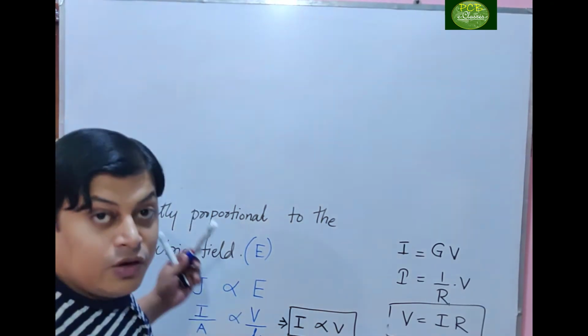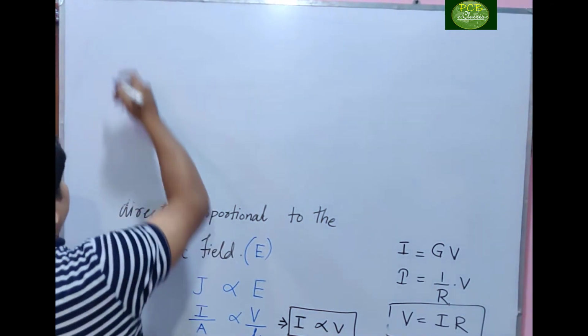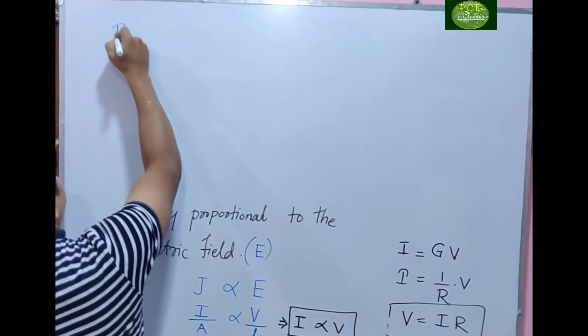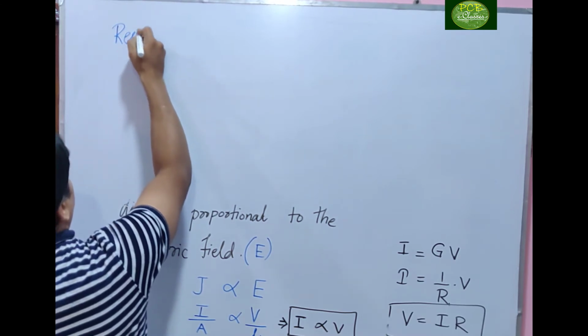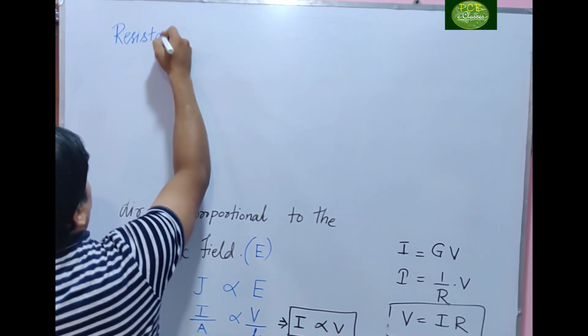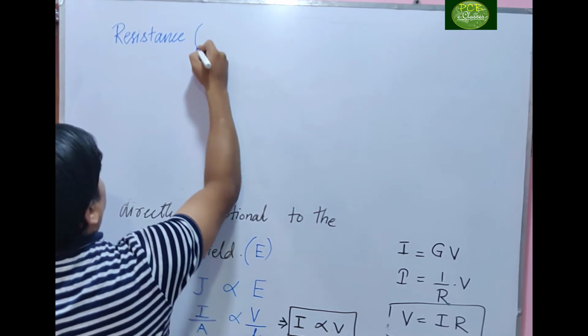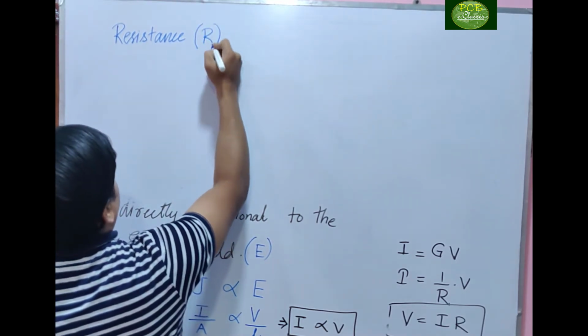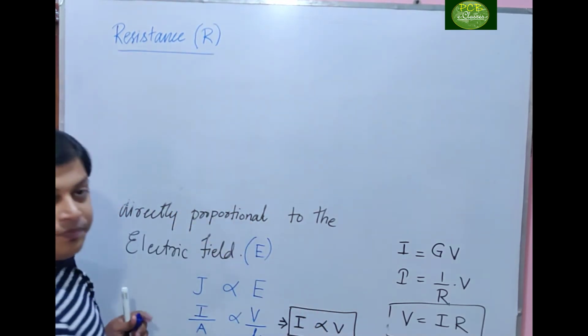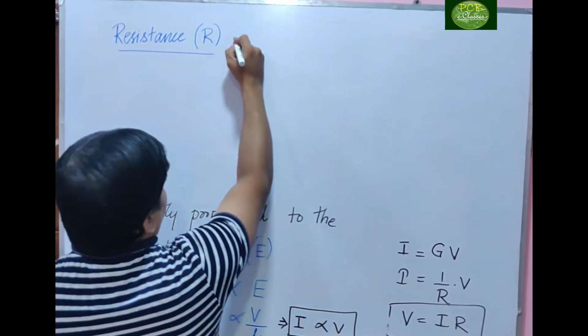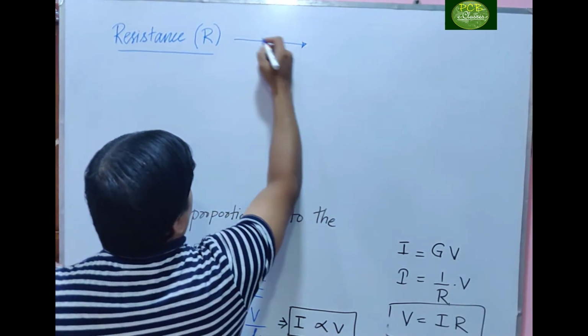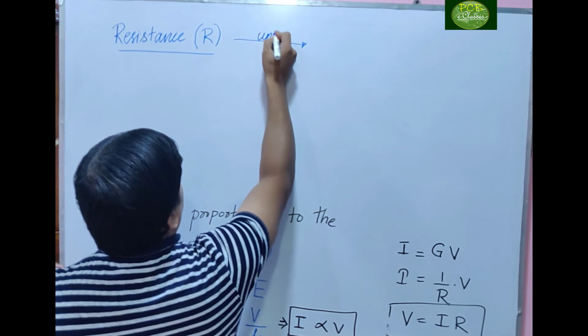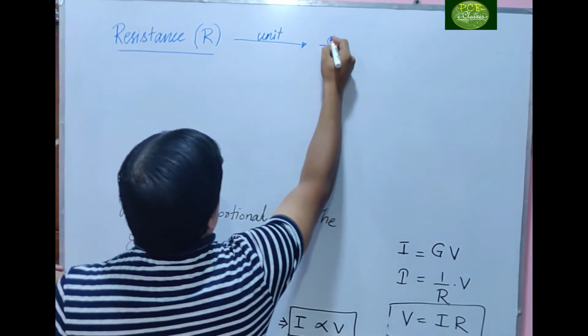We'll come back again to Ohm's law, but for the time being we'll understand what resistance is. Denoted as R. You have seen already. Fine. Unit is ohm.